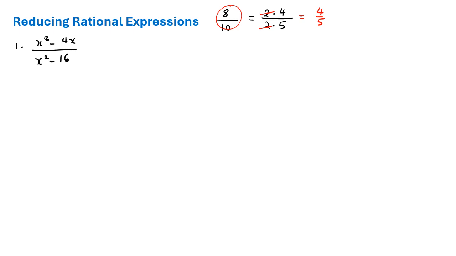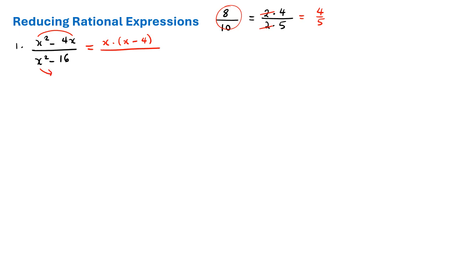Now we're going to carry that understanding to what we have right here. Again, I am going to need to factor the numerator, which is going to be x times x minus 4. And then we'll divide that by the denominator, which is tricky.